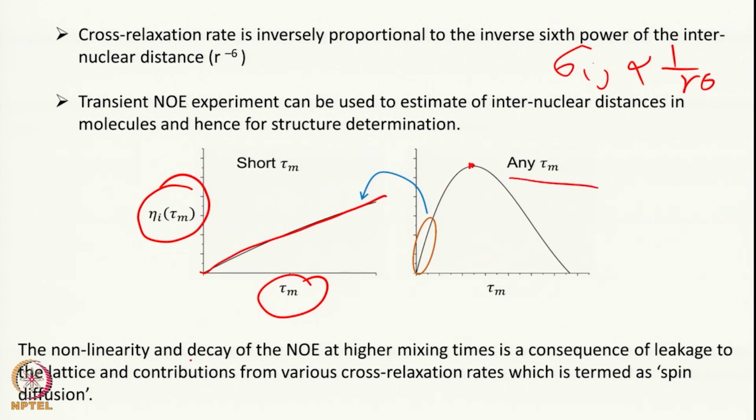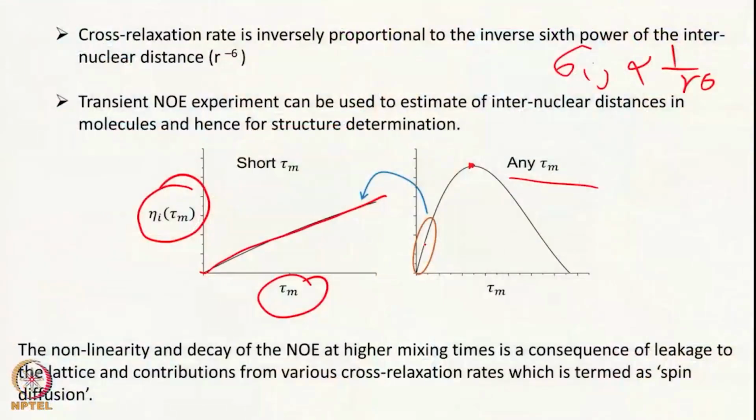Now, non-linearity and decay of NOE at higher mixing time is a consequence of leakage of the magnetization because of the lattice contribution, and that is because various cross relaxation rates come into the picture. To simplify, if we keep increasing the mixing time, the NOE enhancement does not go up linearly, it starts decreasing. What is the reason for the decrease?